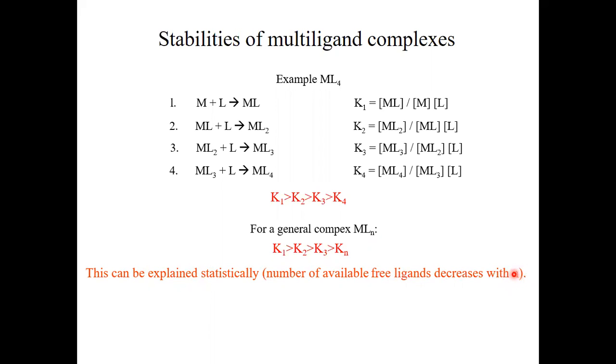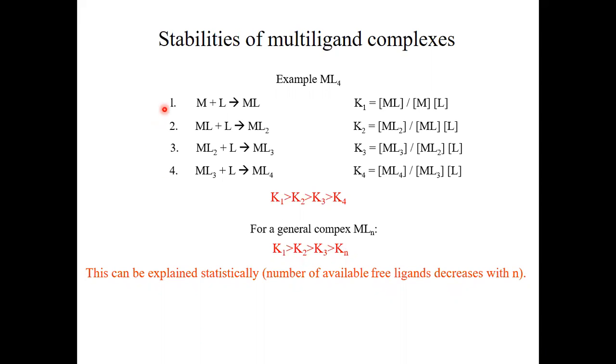Okay, so now you can understand this when you consider that in order for the complexes to form, the metal needs to collide with the ligand. Now as a metal-ligand complex forms, fewer ligands remain in the free solution, so that the statistical probability that a ligand collides with the metal to form a complex with even more ligands is smaller.